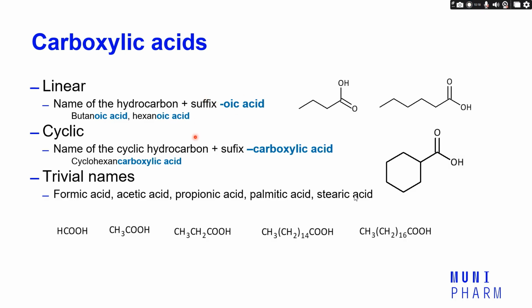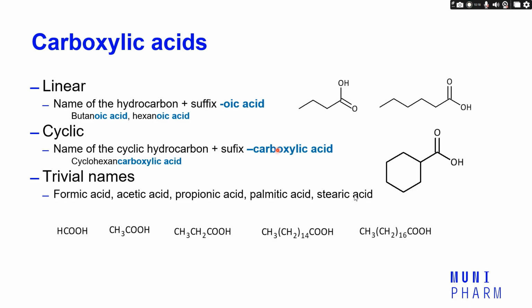If we have the principal hydrocarbon which is cyclic and directly on it is bonded the carboxylic acid group, we use the name of the cyclic hydrocarbon and suffix carboxylic acid. It means that this compound is called cyclohexane carboxylic acid.